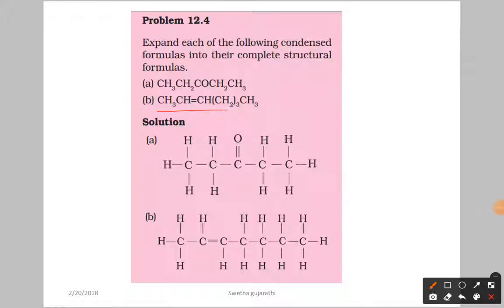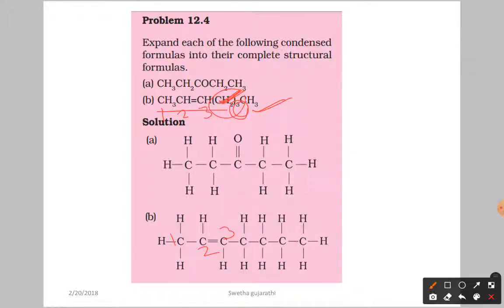Next we have this one. Here, let us count the number of carbon atoms. This is the first carbon, second, third. Here we have the subscript 3 with the CH2. Similar groups we have 3 times, so you have to repeat that 3 times. Then finally we have CH3. So let us write the structure here. This is the first carbon, second carbon, after that we have a double bond, third, and after the third carbon we have the CH3 group 3 times.